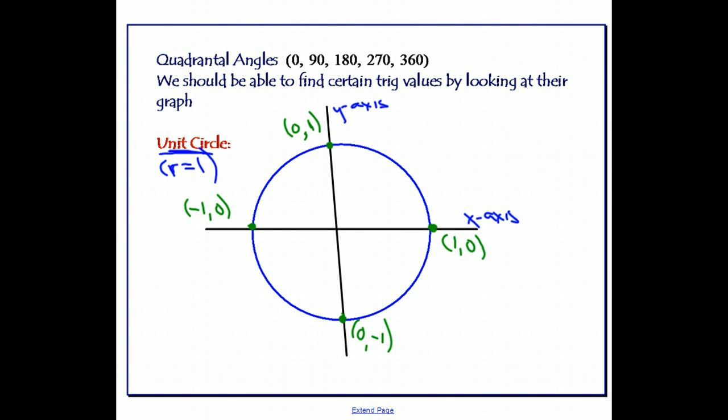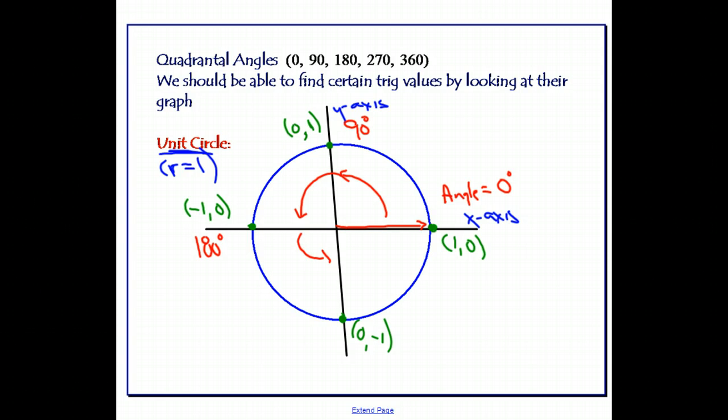I also, if I think about an angle, starting at the x-axis, if I end right here, my angle would be 0 degrees. If I open up counterclockwise to here, that angle would be 90 degrees. If I keep coming over to here and end up here on the negative x-axis, that angle is 180 degrees.